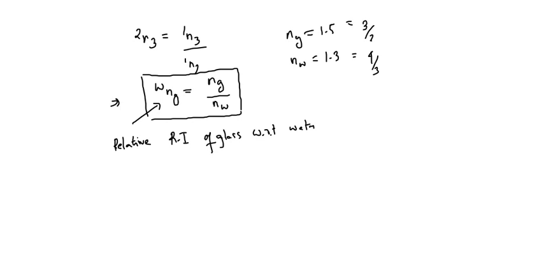Remember that. So it will be written as water Ng, absolute refractive index of glass is 3 by 2 and that of water is 4 by 3. That gives me 9 by 8. I hope you understood.